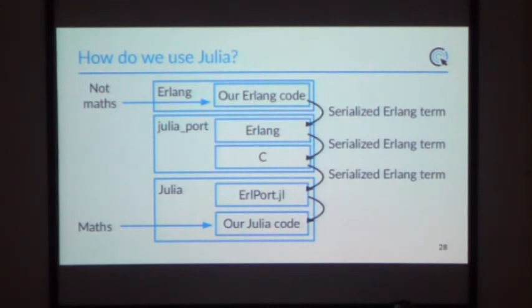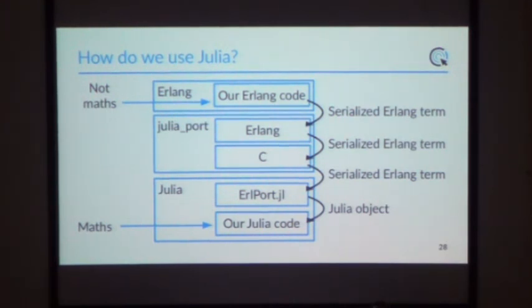And this library is needed because this library is written in Julia, but it understands Erlang terms, so it deserializes the Erlang term and converts it into a Julia object. So our Julia code will receive Julia dictionaries and strings and arrays.